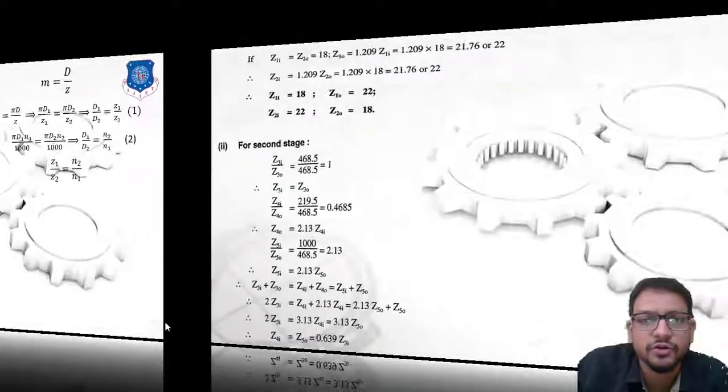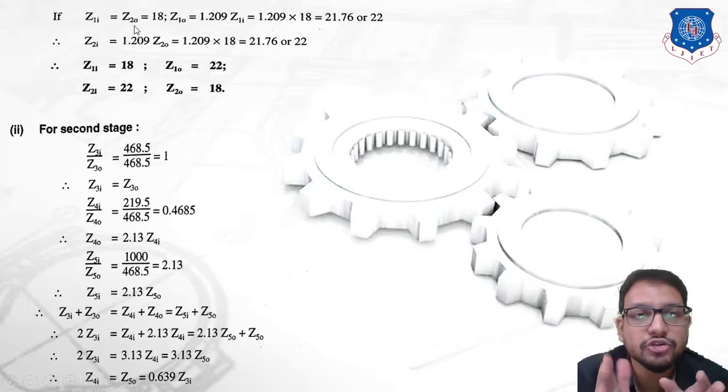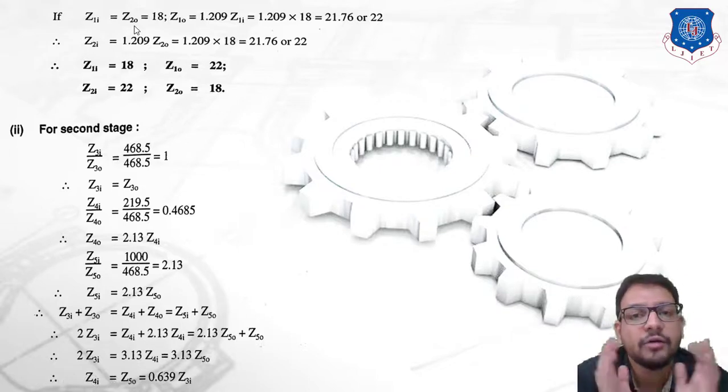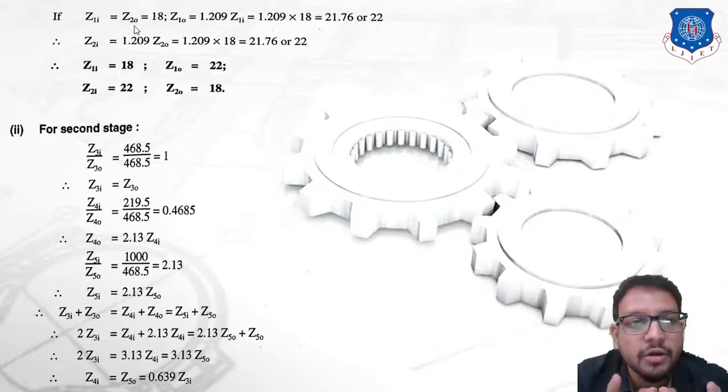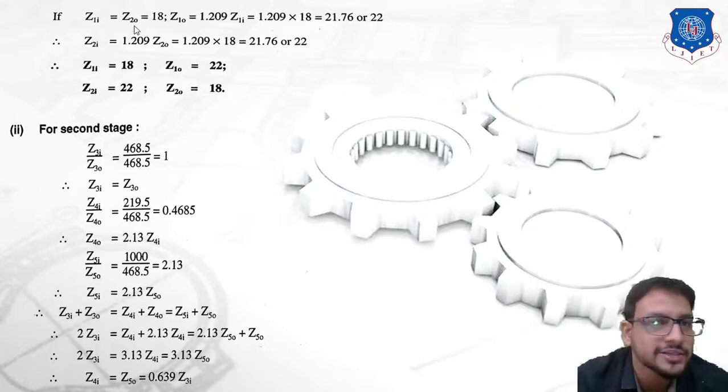Now let us proceed further. If z1i is equal to z2o, I am going to consider that the minimum number of teeth should be 18. We always need to keep this in mind: we need to assume a minimum number of teeth of 18. You can assume 18, 21 or 22, but the minimum number of teeth on a gear should be 18.